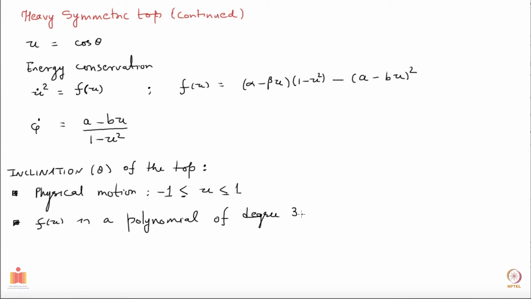And the turning points, we remember we are having the same thing as we had in the case of the two-body problem. So as far as the equations are concerned, it looks the same. So the turning points, meaning the place where u dot will go to 0, is given by f of u equal to 0. So the equation f of u equal to 0 gives us the turning points.